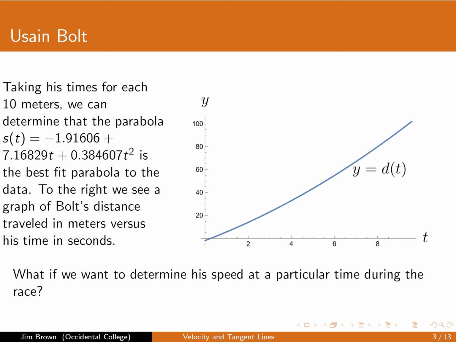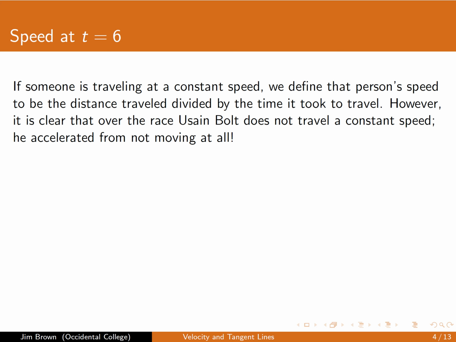So, like I said, we're interested in any particular time during the race. Let's see what his speed is at that time. So let's focus on the time t equals 6 seconds. We know Usain Bolt's not traveling at a constant speed because he starts from not moving at all and then accelerates as the race goes on.